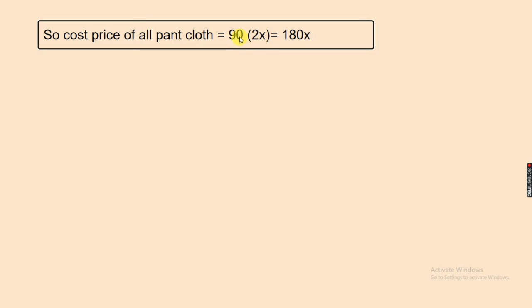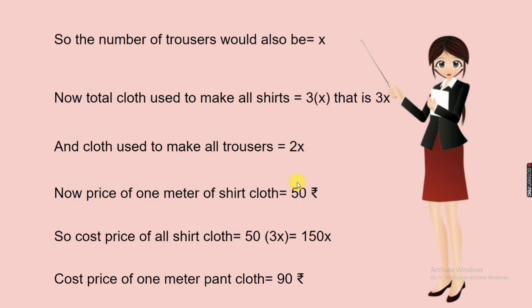So, 90 multiplied by 2X is equal to 180X. So, now we have found the cost price of shirts, that is 150X, and the cost price of pants, 180X.